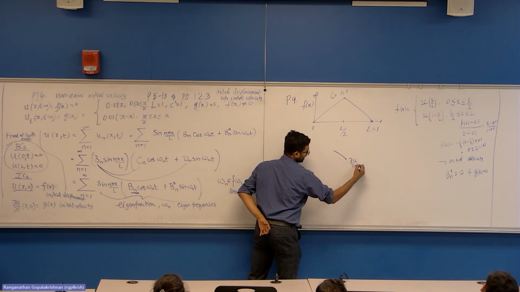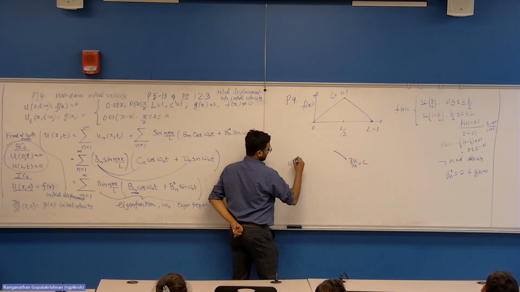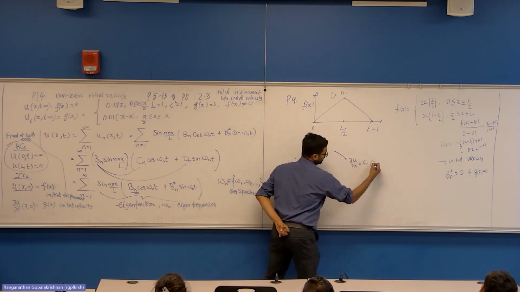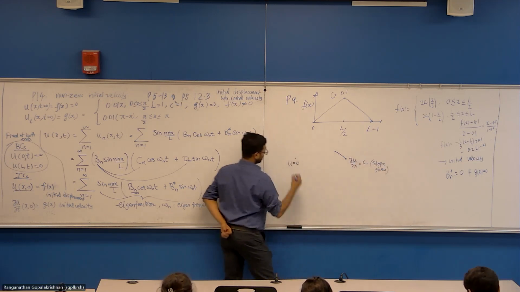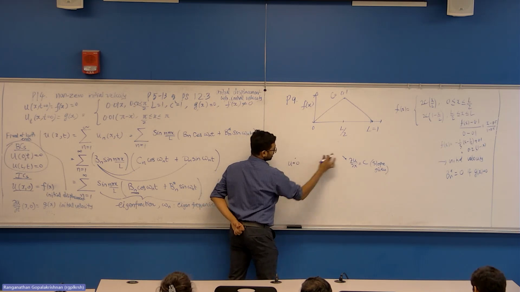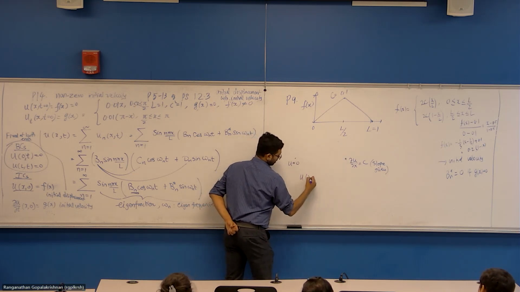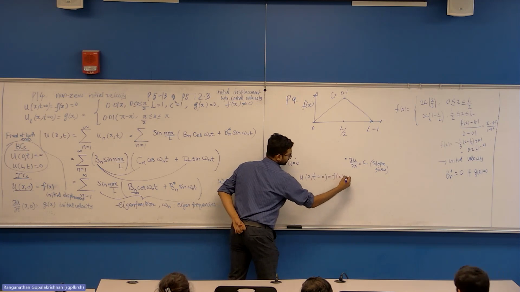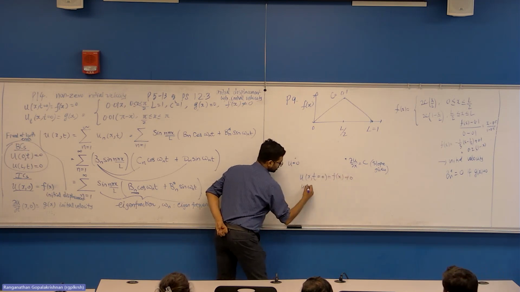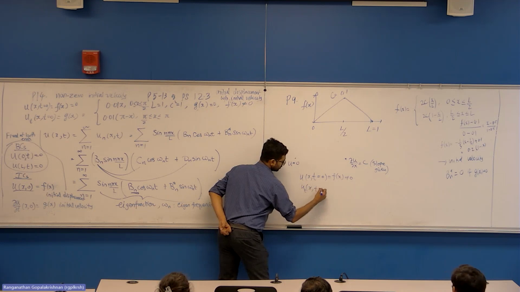Partial u over partial x is a constant, and you have the slope specified. And the initial displacement or velocity, let's say initial displacement is non-zero and initial velocity is zero.